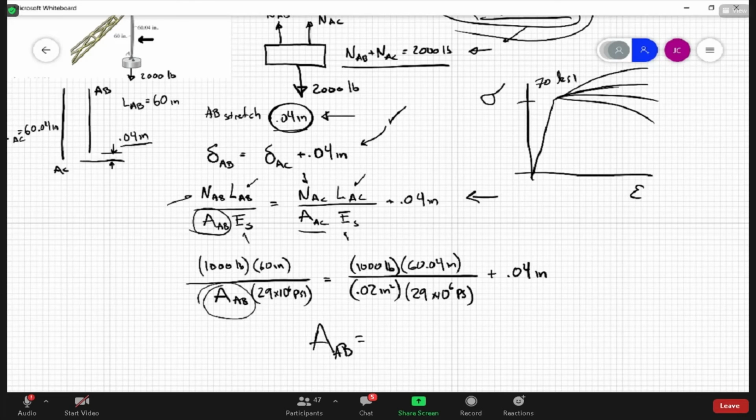I got 0.103. Did anyone else get that? Not that I doubt you.